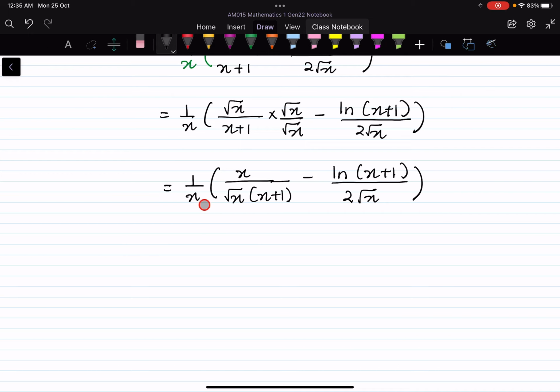Next, I'm going to distribute my 1 over x to each of the terms here and here, and at the same time I'm going to factorize out 1 over √x.